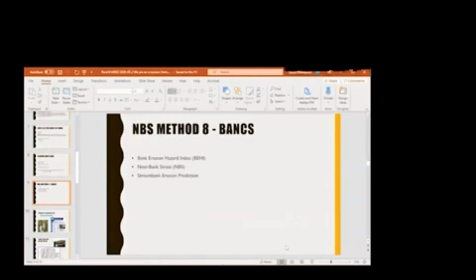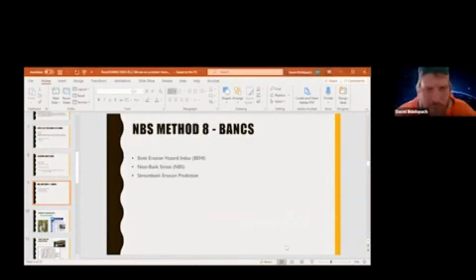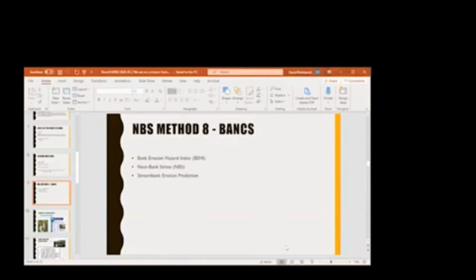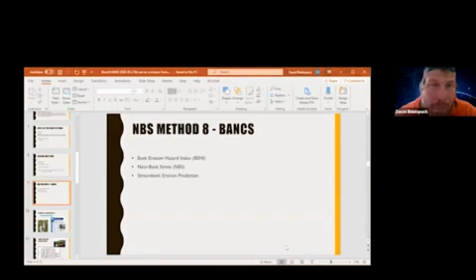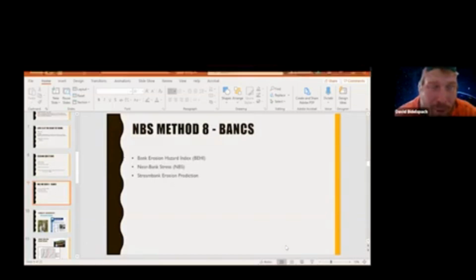So today we're going to talk about a new method for looking at near bank shear stress. Now, I know some of the people on the line, Mike Adams, if you're on the line, you're very familiar with this. And I say a new method, it's probably over 10 years old now, but it's not published. And it's a method that I want people to be familiar with because it's more rapid than other methods.